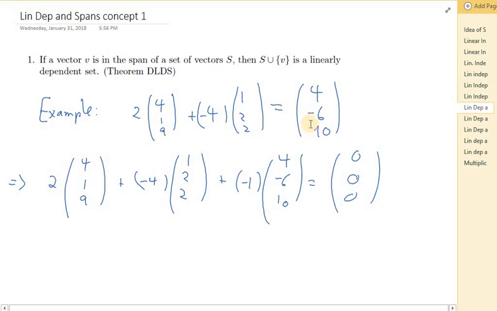All I need to do is move this vector over to the other side and create a linear dependence relation. We saw something similar in the last video. But that's all this is saying: if something's in the span, and you add that to your set, you're going to get a linearly dependent set.